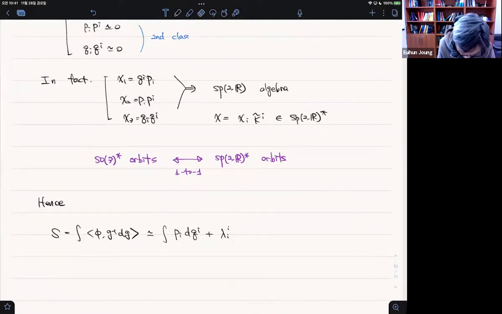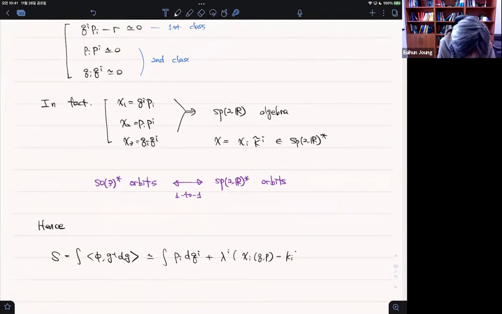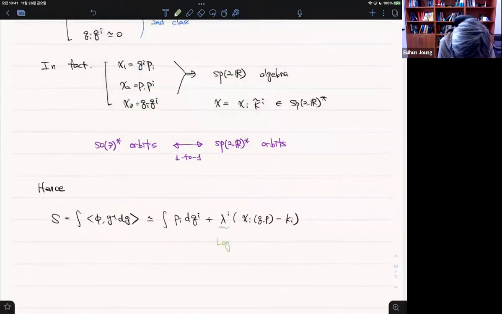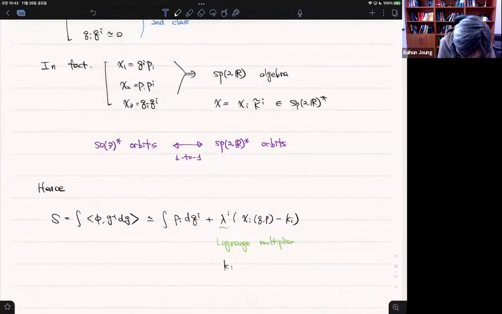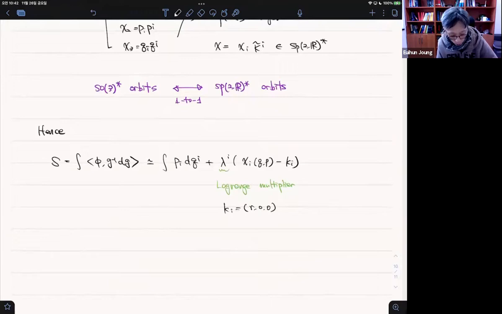Here I put chi I, Q, P, and then I fix some specific number, R00, which is a specific vector Ki. So here this is the Lagrange multiplier, and Ki is R00. So this will describe the good system.